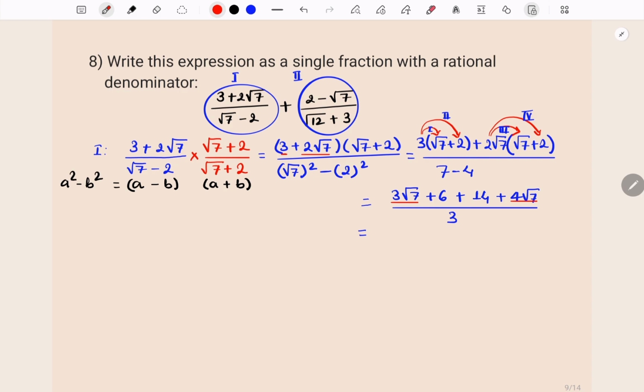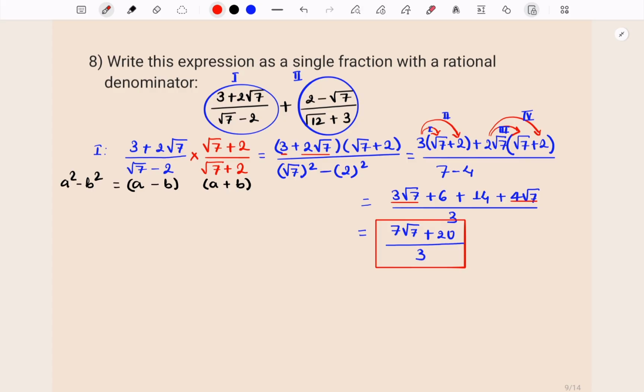Clearly I can add these terms. 3 plus 4 is 7, so let me write 7 root 7. And then we have 6 plus 14, which is 20, over 3. So 7 root 7 plus 20 over 3. The first fraction can be simplified to this.